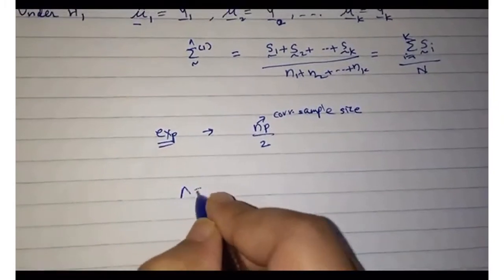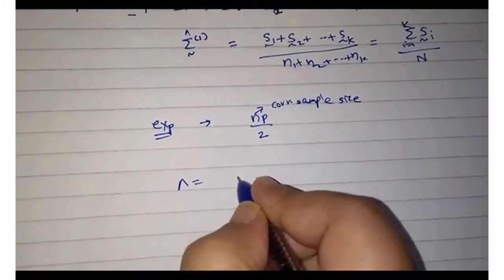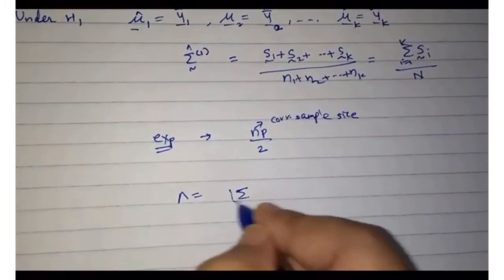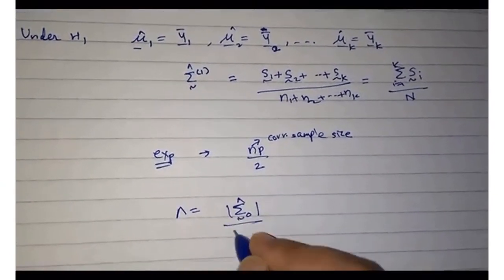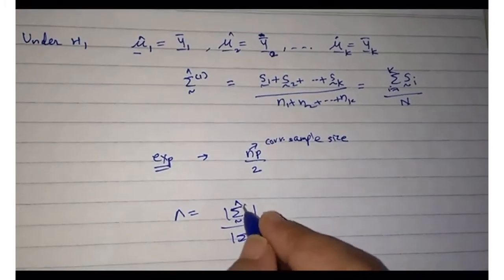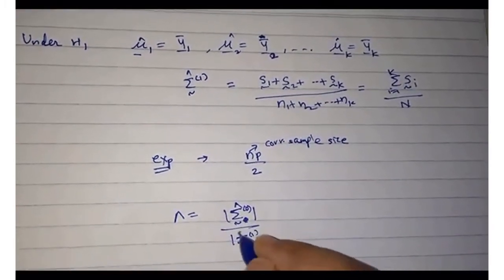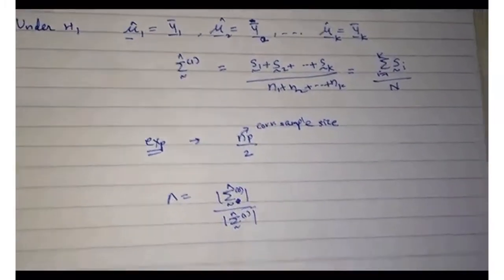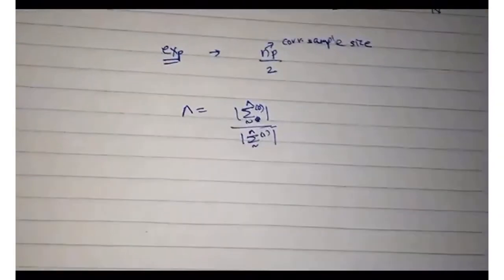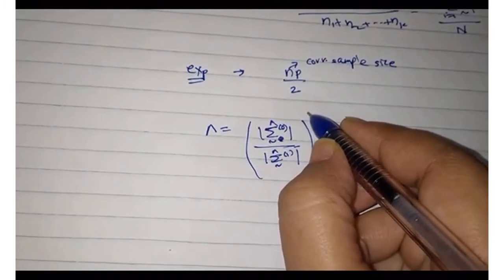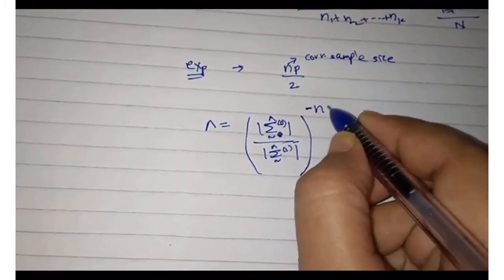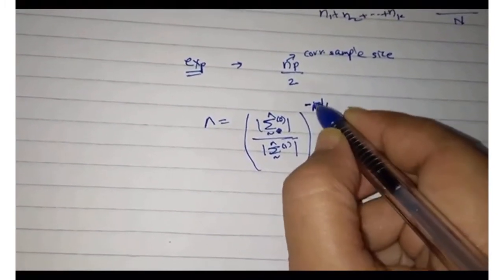So my likelihood ratio test statistic becomes the determinant of sigma under H0, so sigma naught hat, over the determinant of sigma under H1, sigma 1 hat, this whole thing raised to minus N by 2, capital N of course.